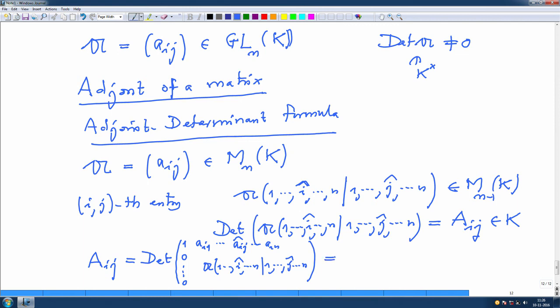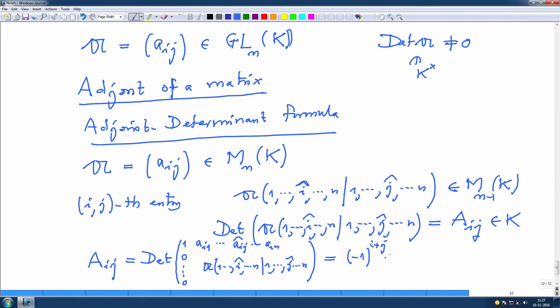So this will all together be minus 1 power I plus j, and then the matrix obtained from A by removing the jth column, with just 1 at the ijth place and 0 everywhere else.